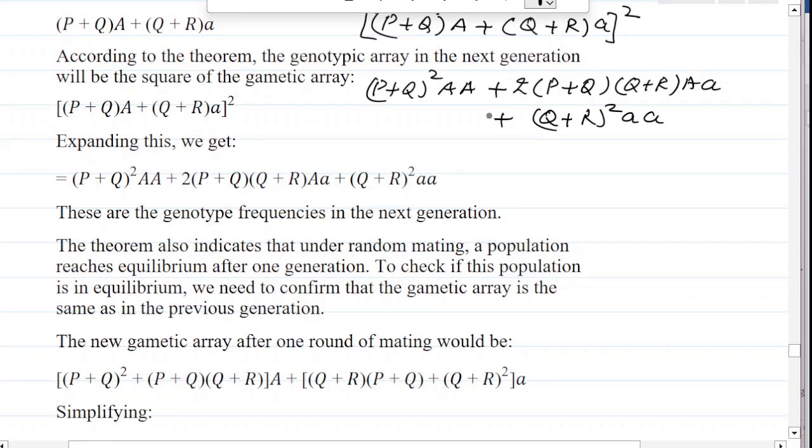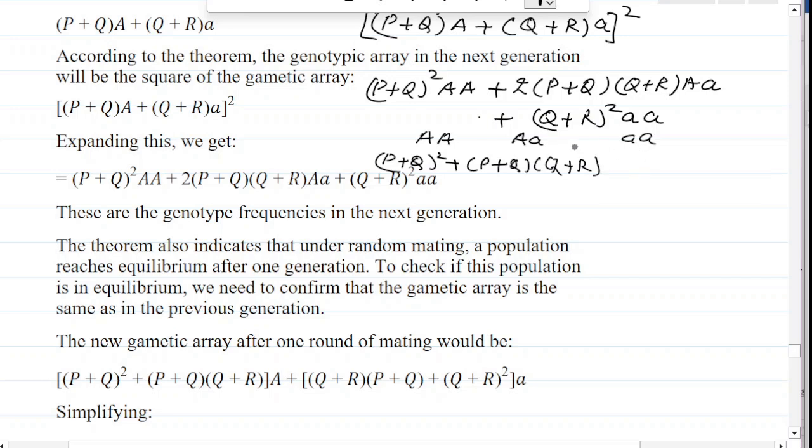Now we will find the gametic array after one round of mating. How will you find it? You will see the genotypes we have: capital A capital A and capital A small a, with their proportions, P plus Q whole square plus half of this. So half of this will be equal to P plus Q into Q plus R.